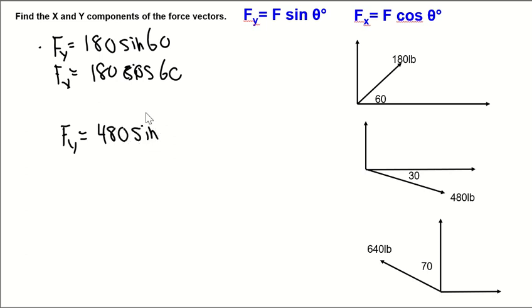Now, slow down here. Here's the thing. You could put in 30, but you got to remember this is going to be going downward. This is going to be negative. This is going to be a negative y. Just like over here, this is going this way.